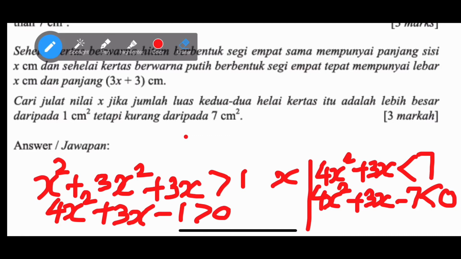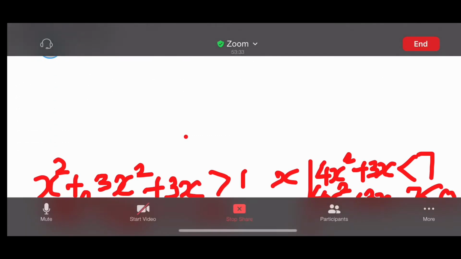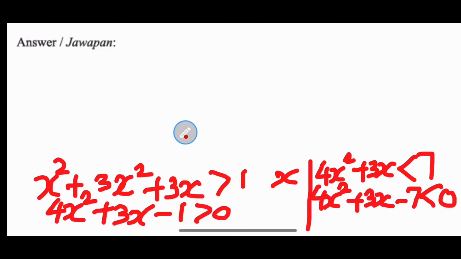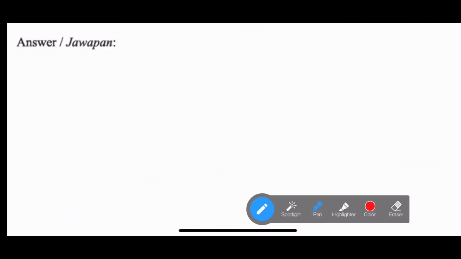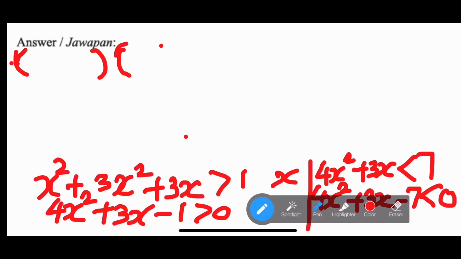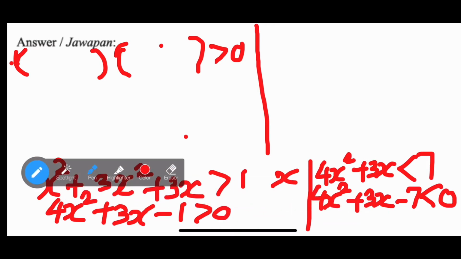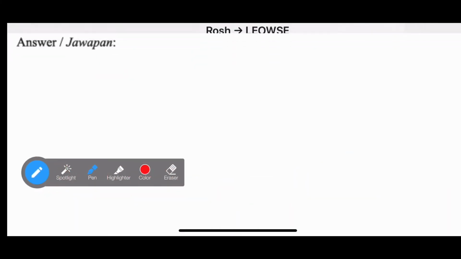The next step is we need to factorize. This is actually a quadratic function, so you cannot make it equal to 0. If you have a problem factorizing, you can always use a calculator. You can just key in the a, b, c into your calculator and you get the roots.